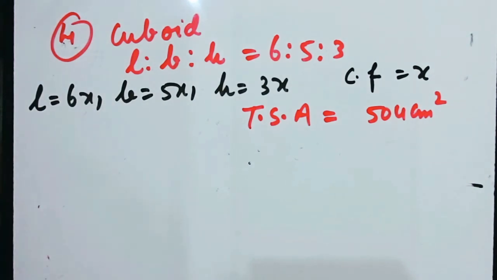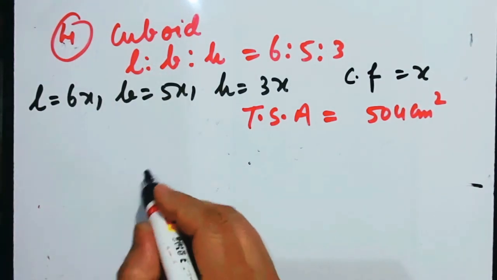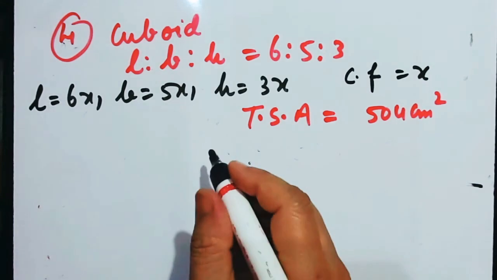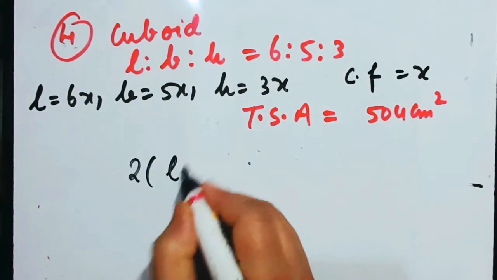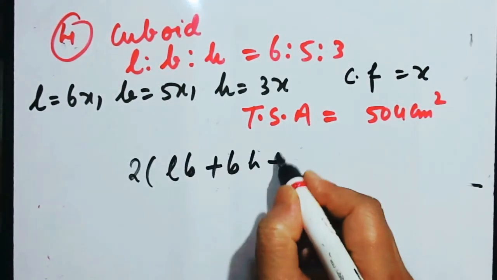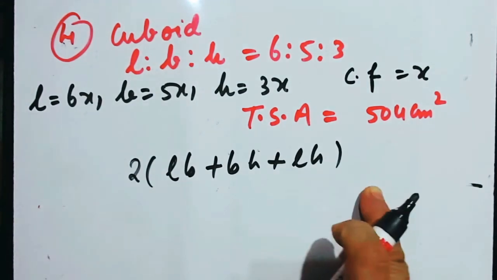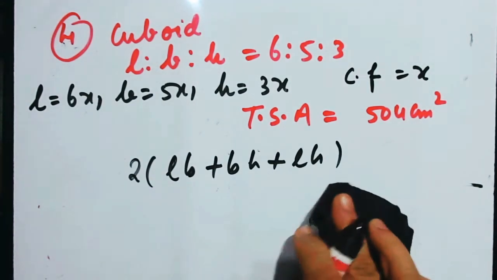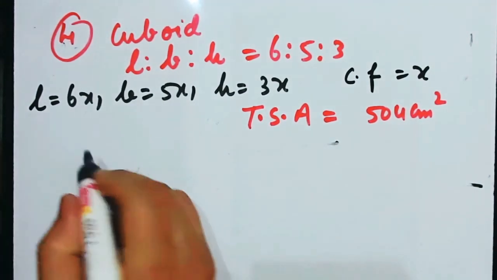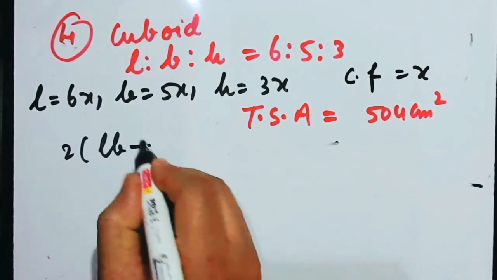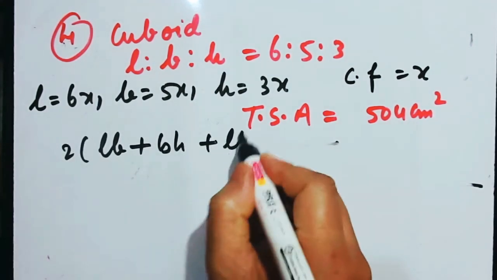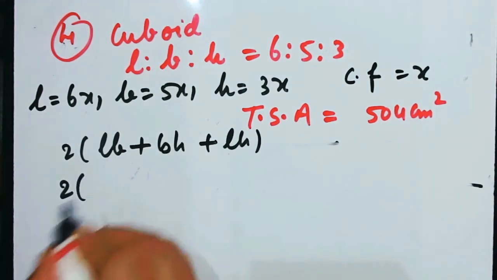Once again, let me remind you that the total surface area of a cuboid is 2(LB plus BH plus LH).